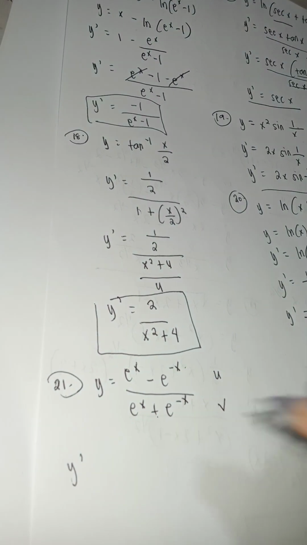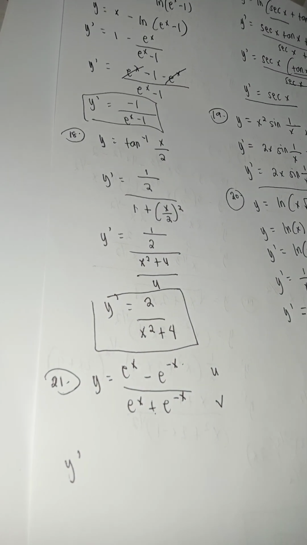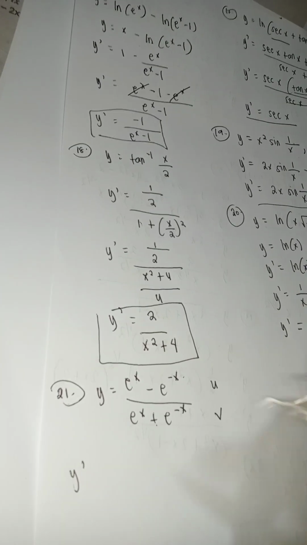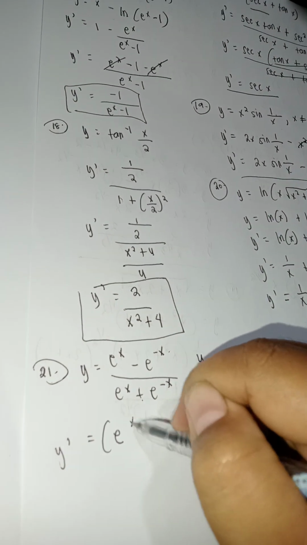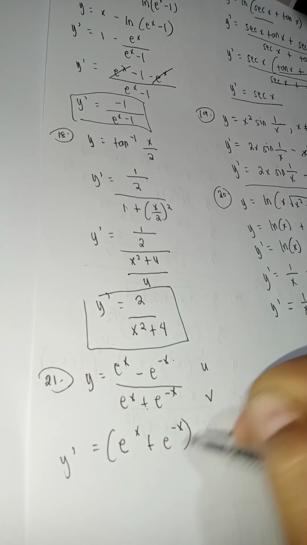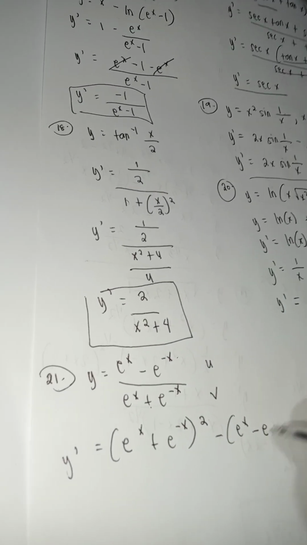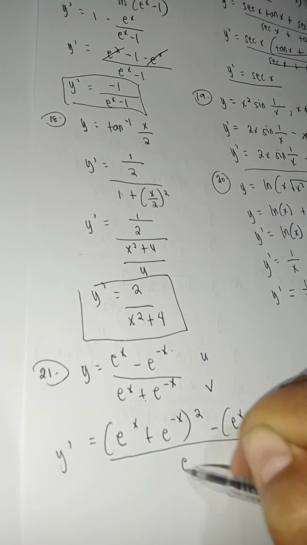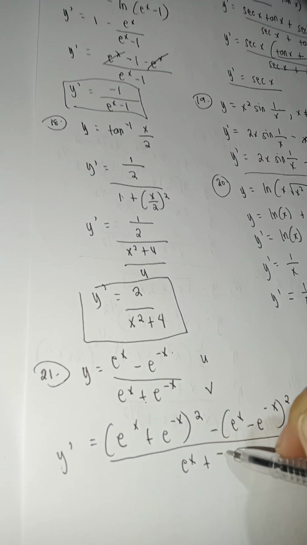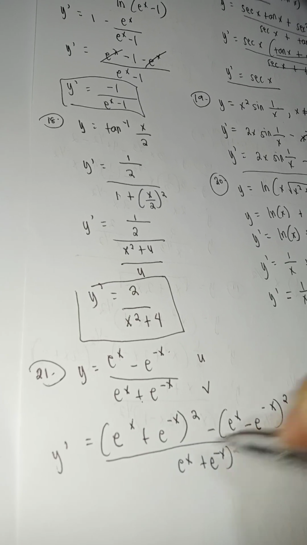So apply the quotient rule: the derivative of u times v minus u times the derivative of v, over v squared. So we copy it: e to the x plus e to the negative x squared minus e to the x minus e to the negative x squared, over e to the x plus e to the negative x squared.